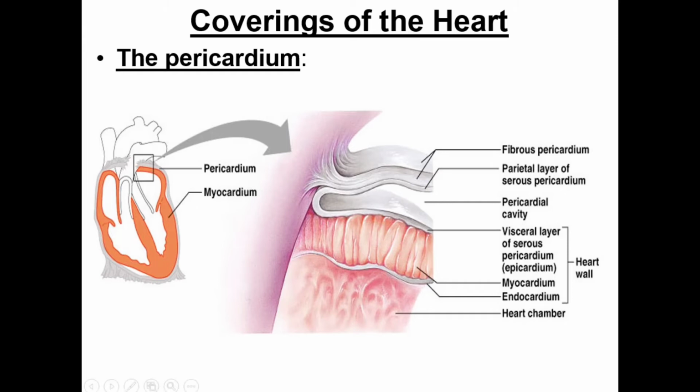Again, you can see here, this is the fibrous pericardium, this is the parietal layer of the serous pericardium, whereas this is the visceral layer of the serous pericardium. This is the myocardium, this is the endocardium, this is the heart chamber.